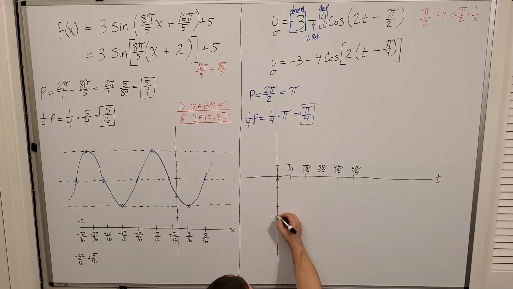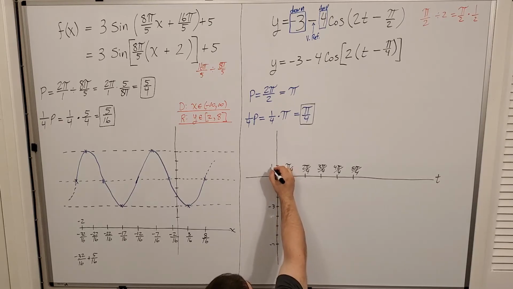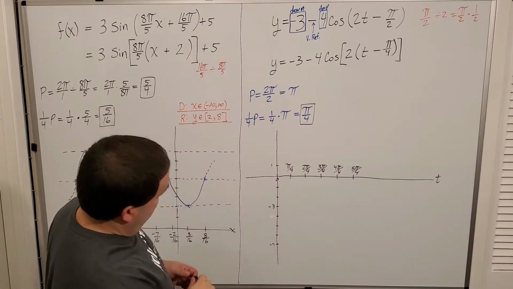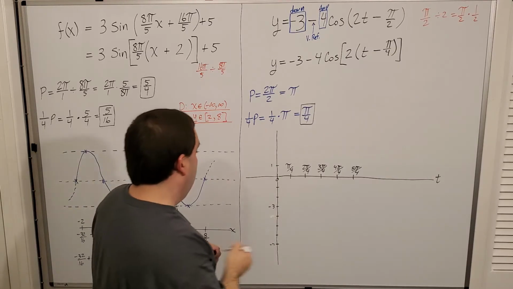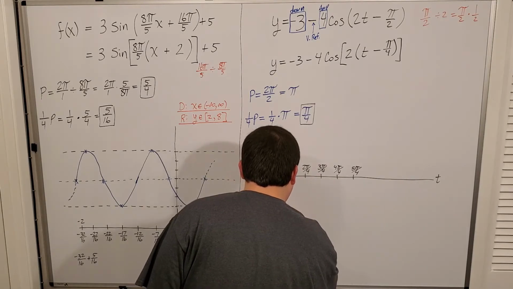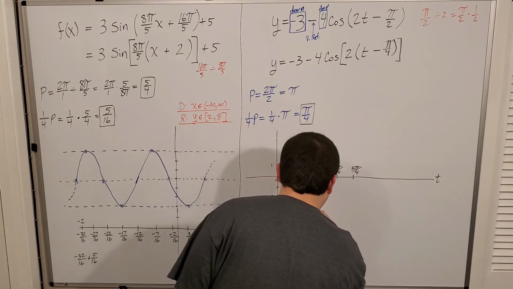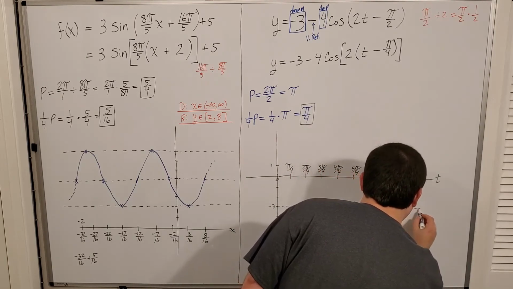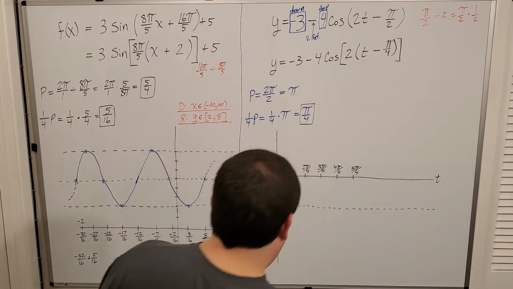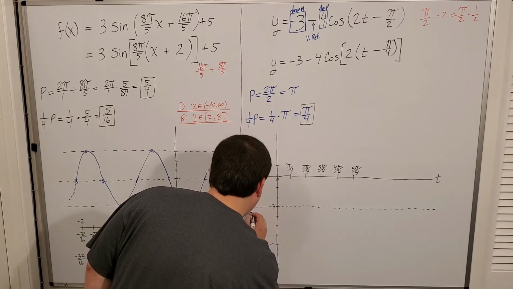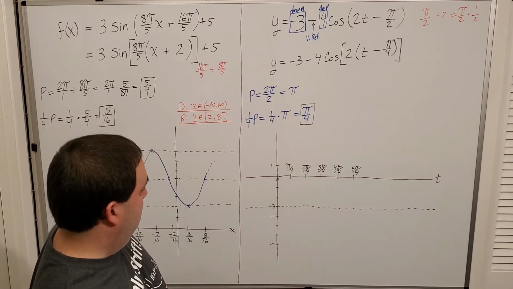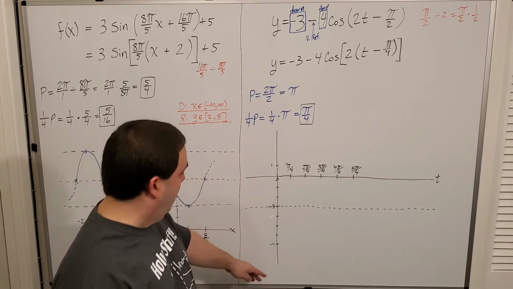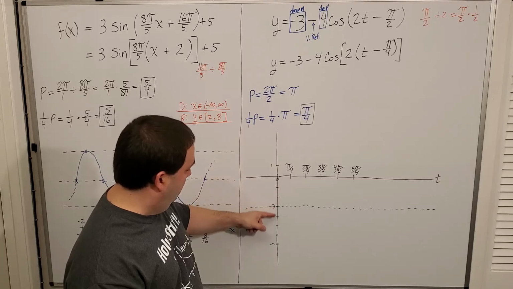And I also need to go 4 down, which is going to land me at -7. Okay, so my new center line is here at the -3. And then of course I've got my high and my low. 1, 2, 3, 4 up, 1, 2, 3, 4 down.